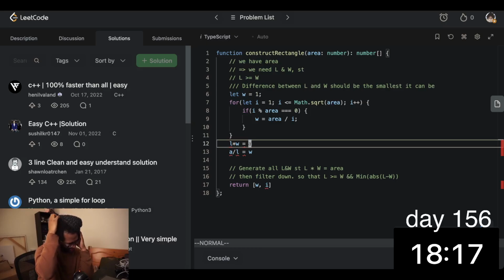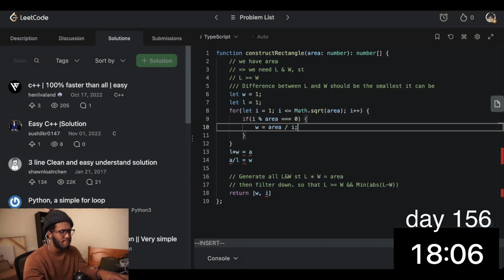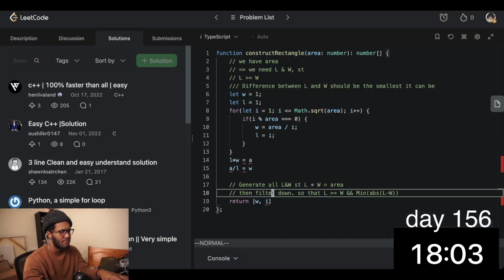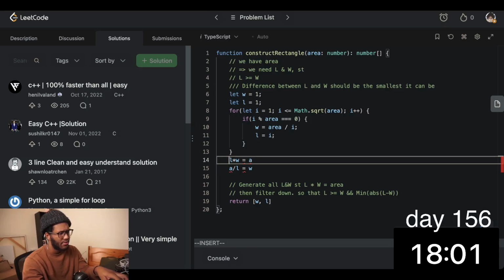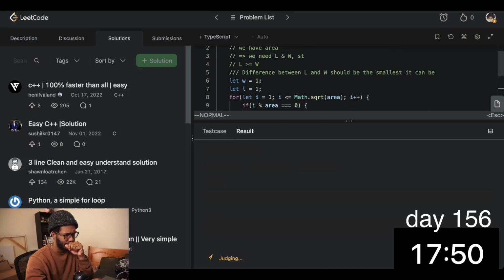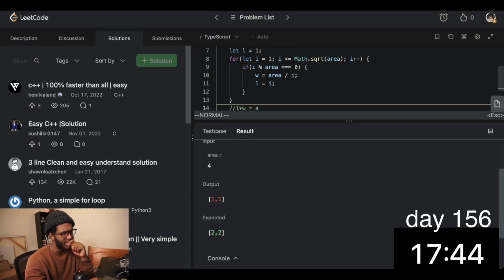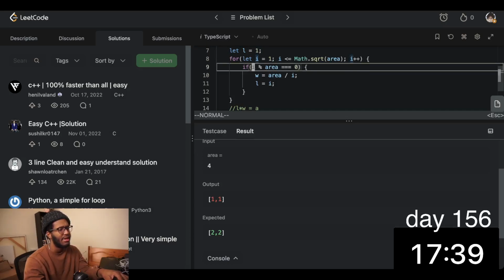Which means that I is L, right? I think I need to say I mod.